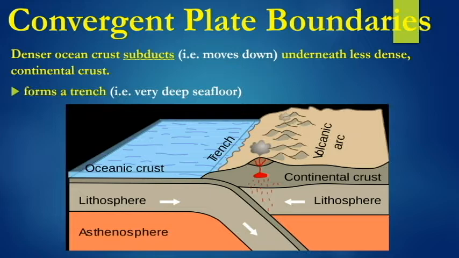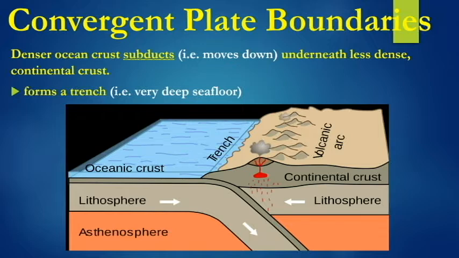Well, at a convergent plate boundary, what you have is a denser plate, and as that denser plate collides with a less dense plate, the more dense plate actually dives down, which makes sense, right? It's more dense, so when they meet, the denser thing goes underneath.